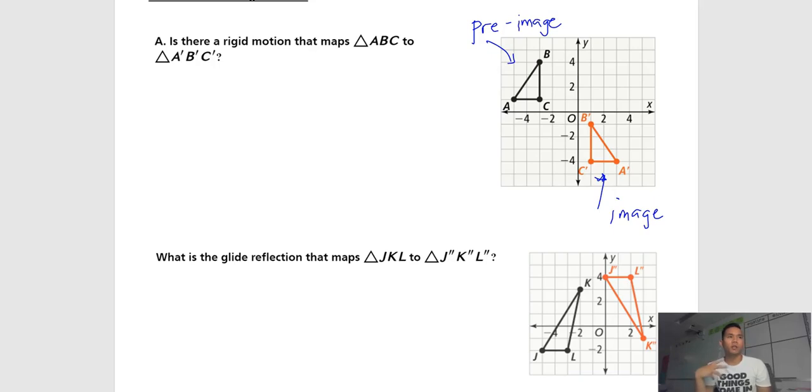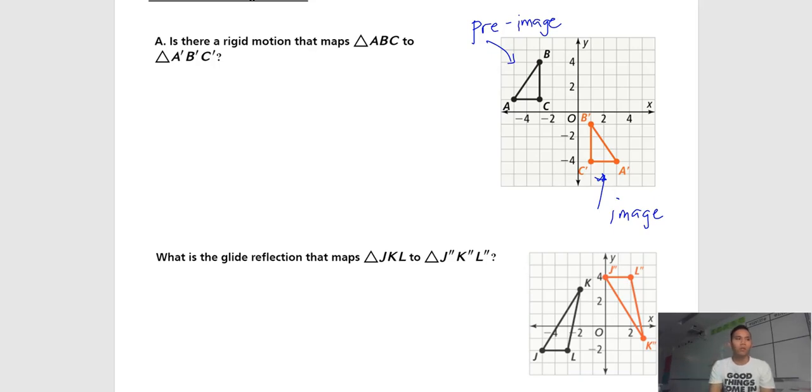So when you check your translation, some of the points can be translated by 4, -5, but your A is not at 4, -5. So translation is not applicable. When you check reflection, there is no line of reflection that produces the image. So the rigid motion is not a reflection.